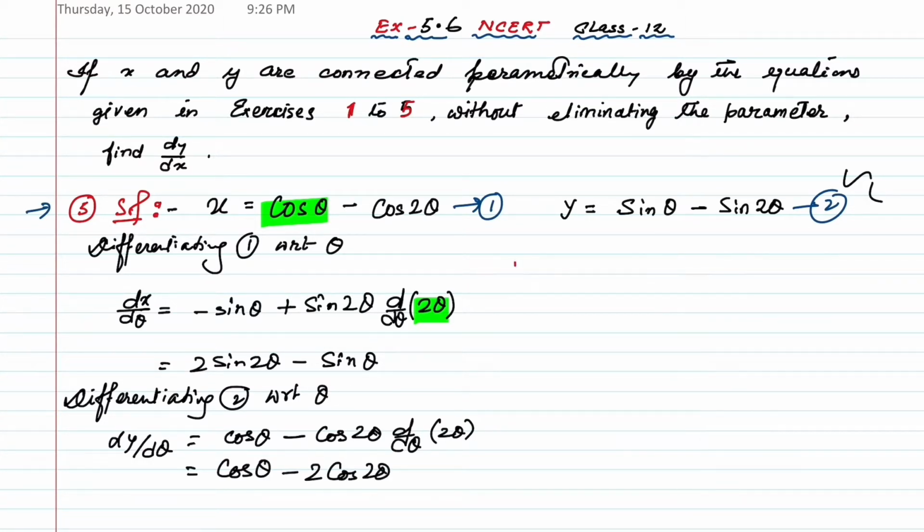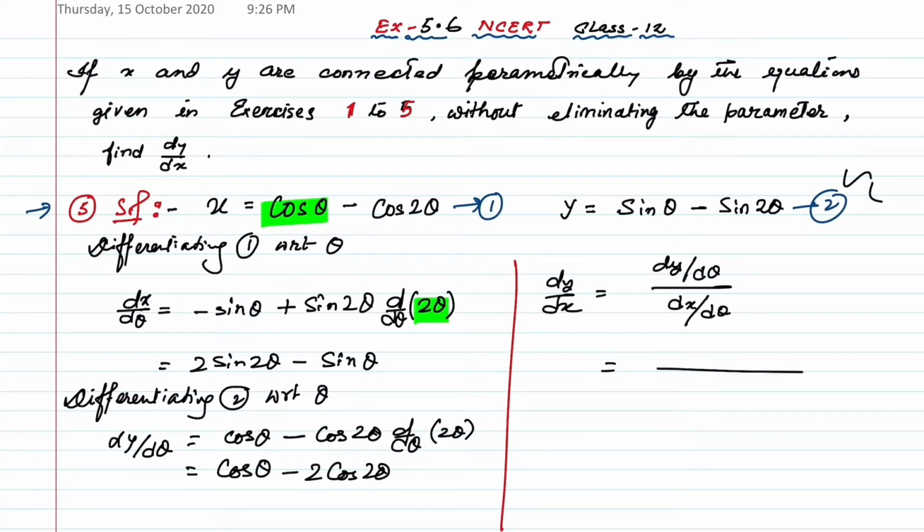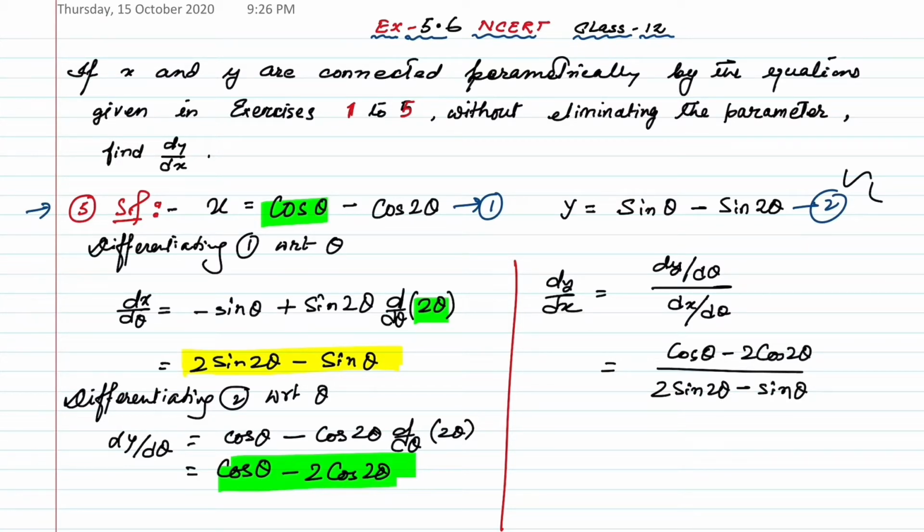So therefore dy by dx is going to be equal to dy by d theta by dx by d theta. So this is the value of dy by d theta, and this is dx by d theta. Putting those values here, we get cos theta minus 2 cos 2 theta by 2 sine 2 theta minus sine theta. So this is our result.